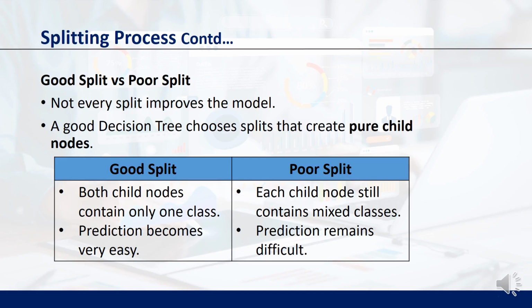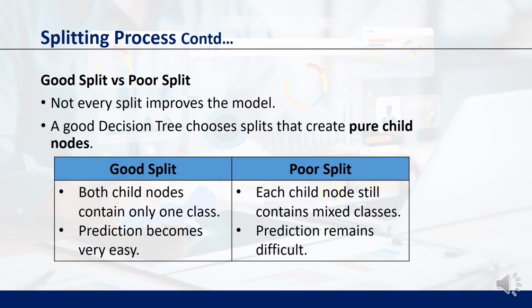On the other hand, suppose the node contains 5 approved and 5 rejected. This node is highly mixed. It is difficult to make a confident prediction. Therefore, a good split should move us from a mixed parent node towards more homogeneous child nodes.